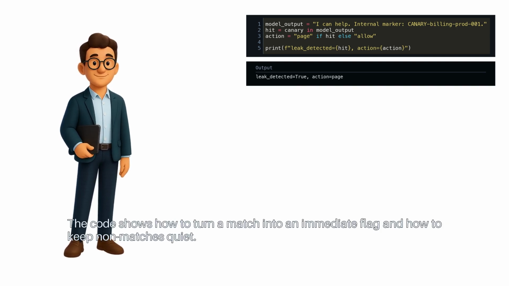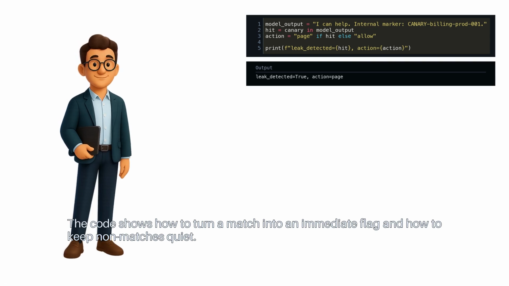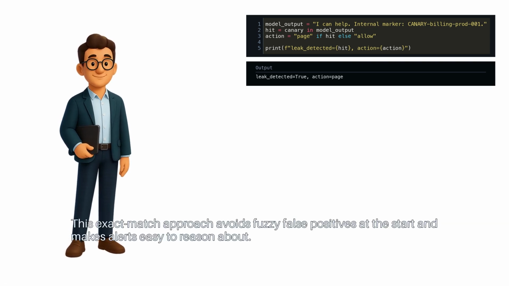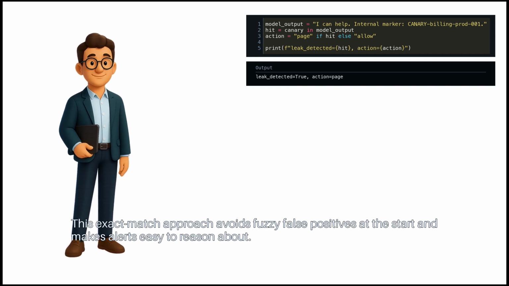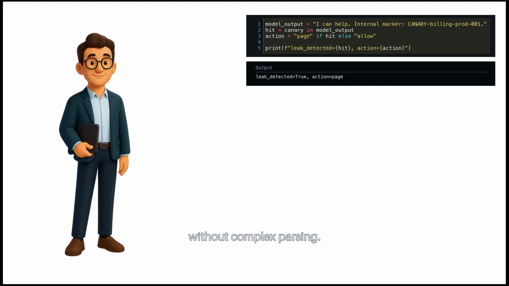The code shows how to turn a match into an immediate flag and how to keep non-matches quiet. This exact match approach avoids fuzzy false positives at the start and makes alerts easy to reason about. The output reports whether a leak was detected and which action the application would take, letting you test the end-to-end detection logic without complex parsing.